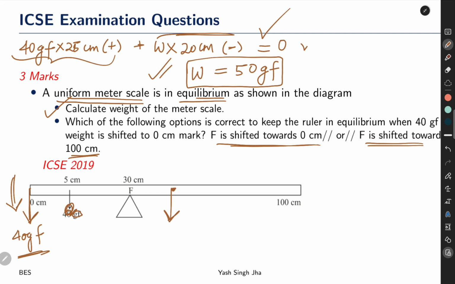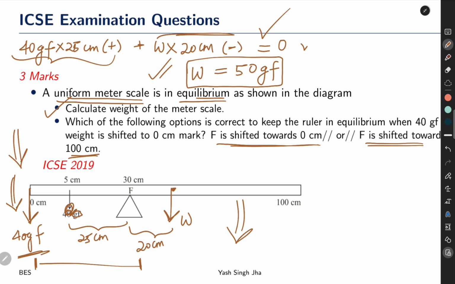Now, initially when the 40 GF was 25 centimeters away, the weight was 20 centimeters away because it was at the midpoint. Right? Now the distance of the 40 GF has increased, which means the magnitude of the anti-clockwise moment has increased, which means the clockwise moment's magnitude should also increase to keep the meter scale in equilibrium.